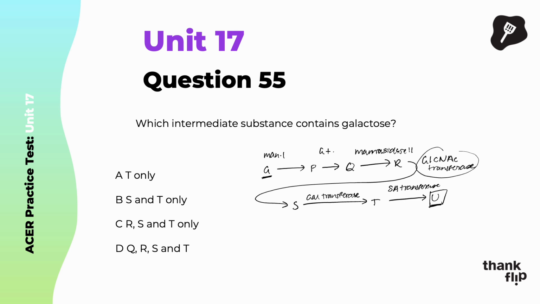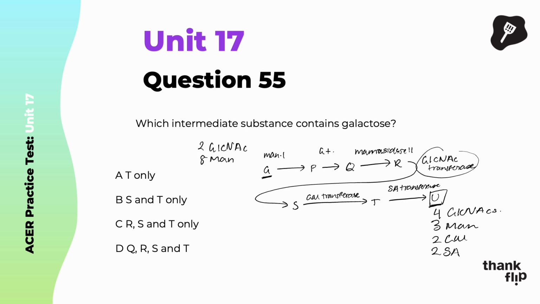So the initial glycoprotein has 2 GLCNAC. It has 8 mannose units, and then at the end it has 4 GLCNACs. It has 3 mannose units, 2 galactose units, and it has 2 sialic acid units.